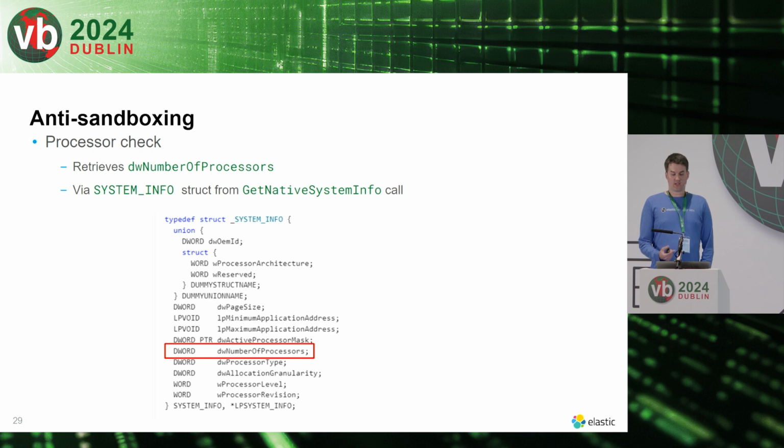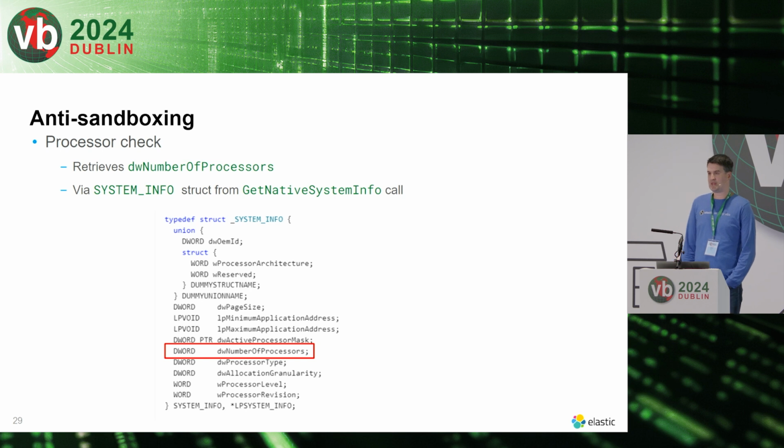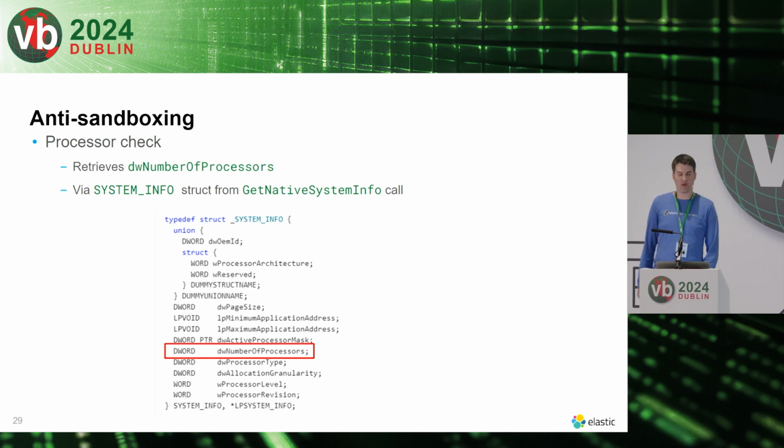Once it kicks off, it does a couple of different anti-sandbox checks. These are pretty standard within the industry. They look for the number of processors first, since they're trying to avoid sandboxes. This is done through a call to GetNativeSystemInfo. With this call, it passes a SYSTEM_INFO structure, and part of that structure is the number of processors.